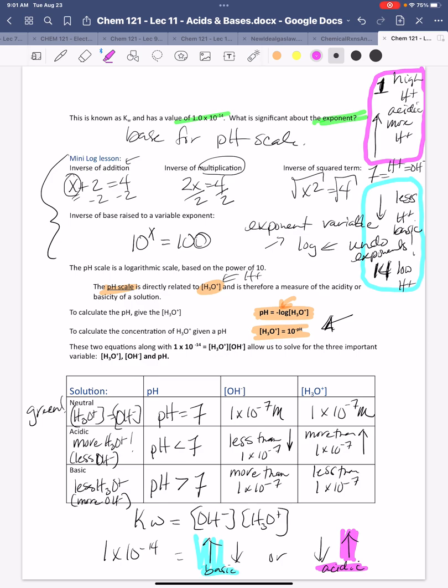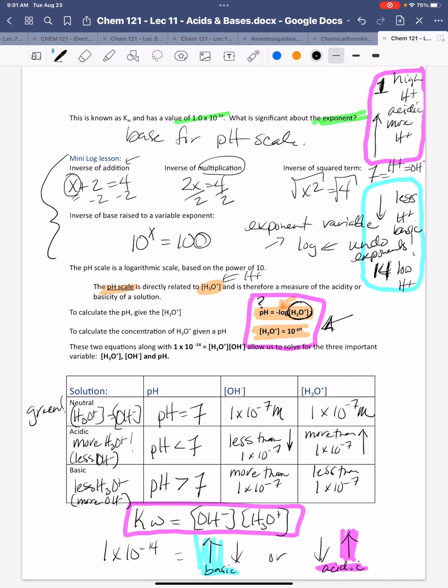So basically, you have 3 formulas that you're going to deal with when you're doing pH problems or acidic basic problems. There's this one, those 2, and then this one right here. pH is used when you're given the H3O plus concentration and you want to find the pH.